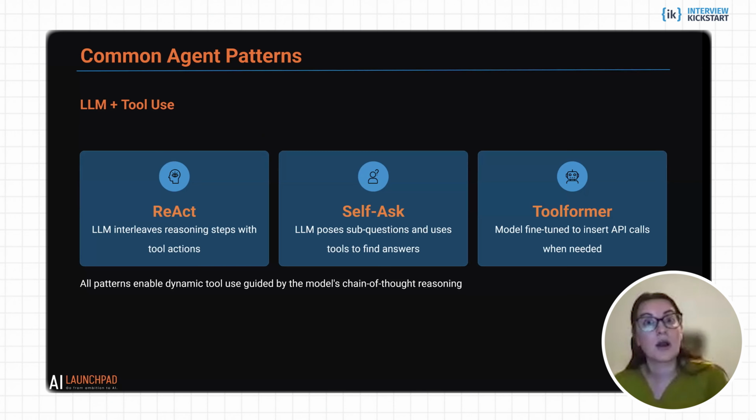The agent decomposes a big question into smaller ones and then tries to answer each sub-question separately. And then there is Toolformer. These are models that are fine-tuned to automatically insert API calls when needed. It's less reasoning heavy, more automation oriented for repetitive tasks, things like that.